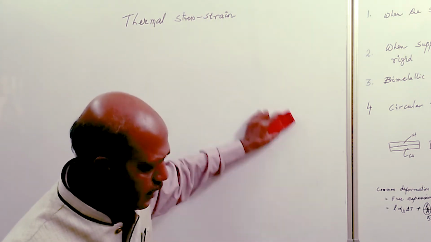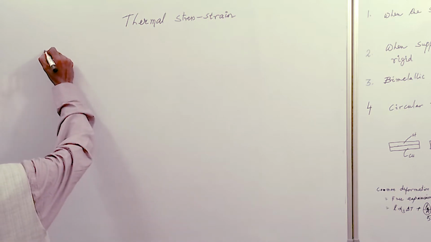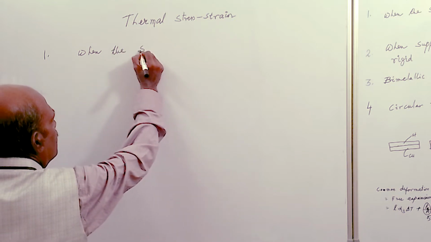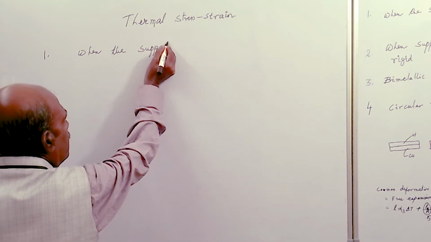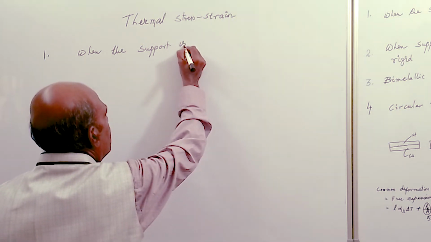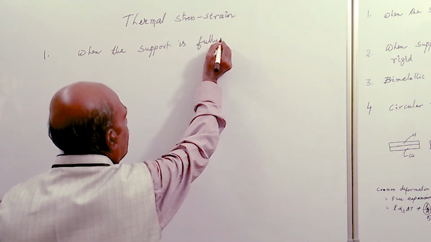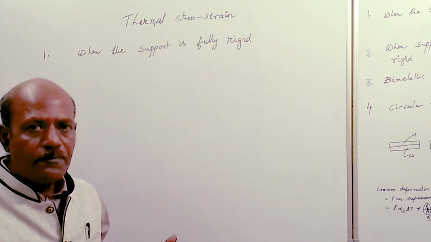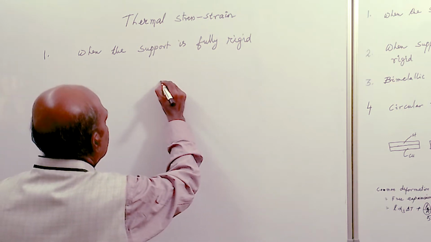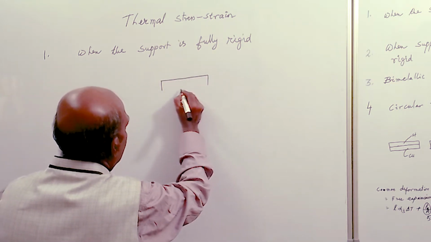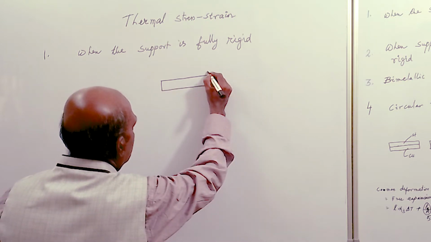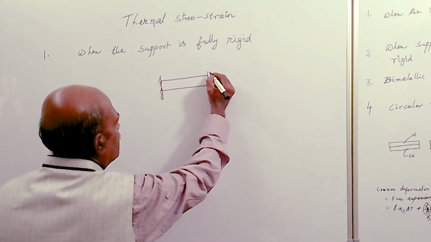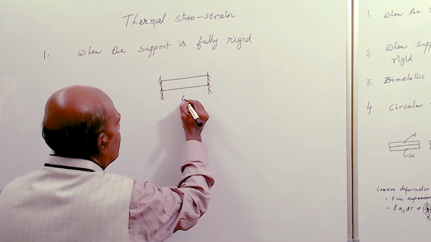Say the bar is supported between these two end supports, and these supports are rigid. The original length of the bar is L.